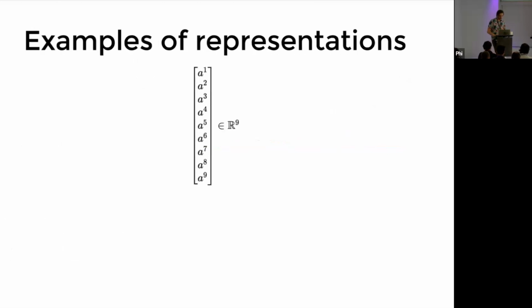So let me go through an example. Let's say you have a vector of dimension 9. So you have 9 numbers, and we want to say how they behave with respect to rotation. So from now on, I will only talk about rotations. That's the group that is the most relevant in this field.